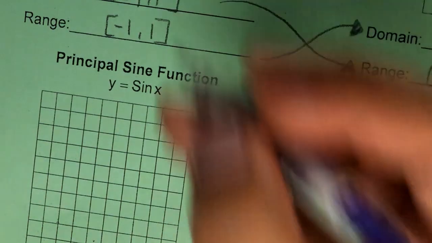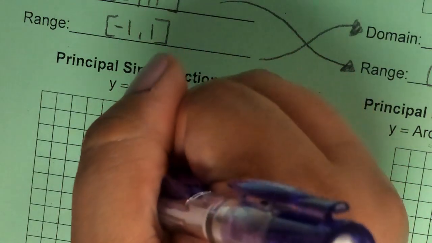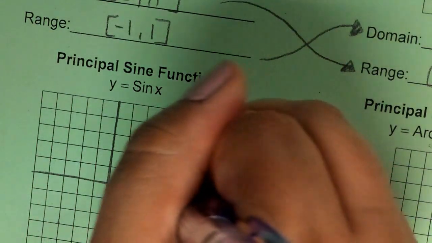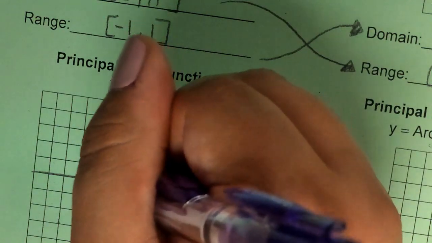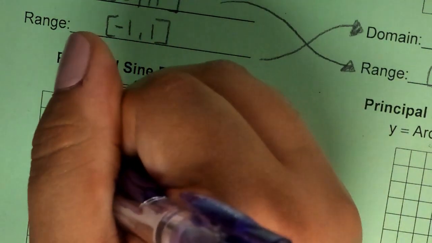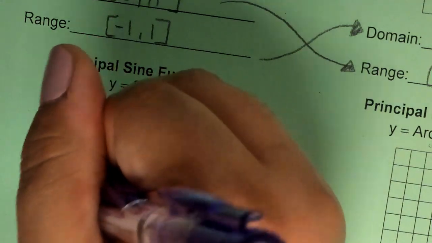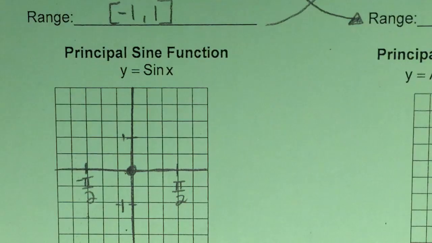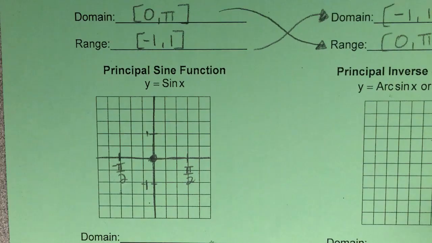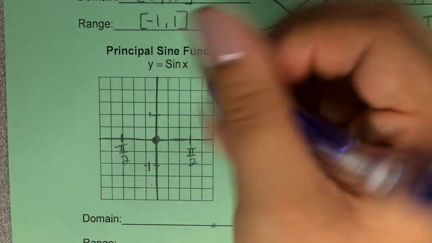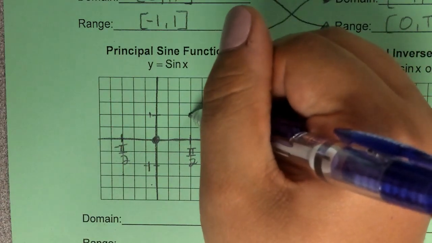Sine always goes through 0, 0. So we're going to graph the origin right in the middle. And at pi over 2, what does it do? It goes up.